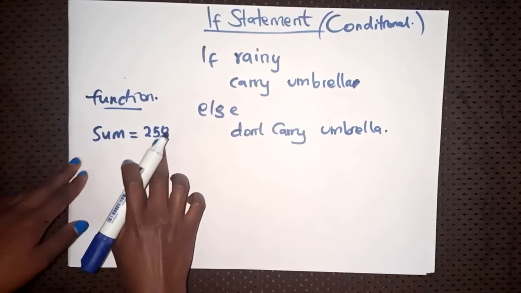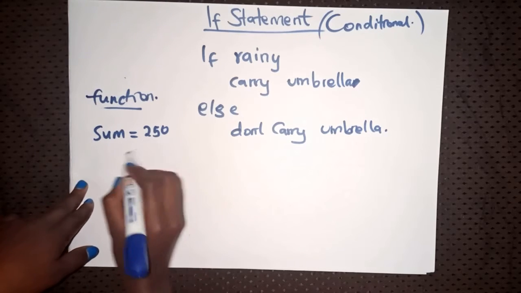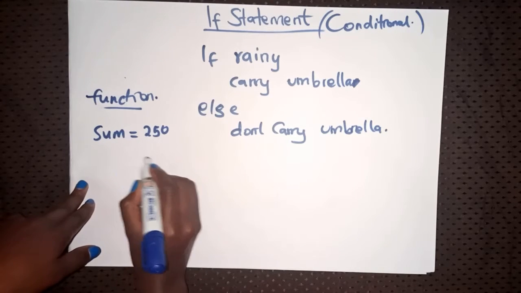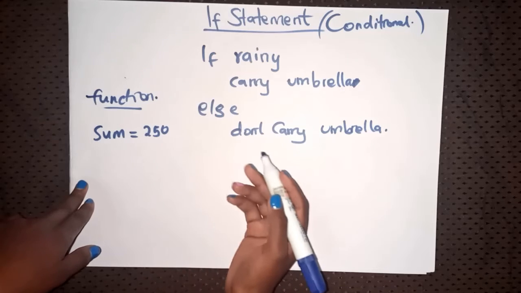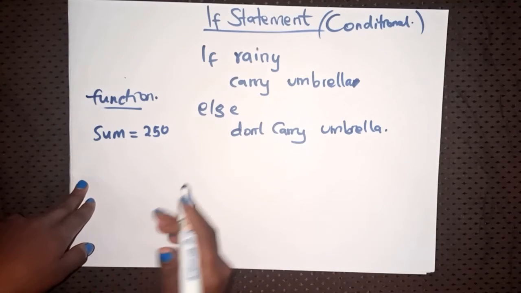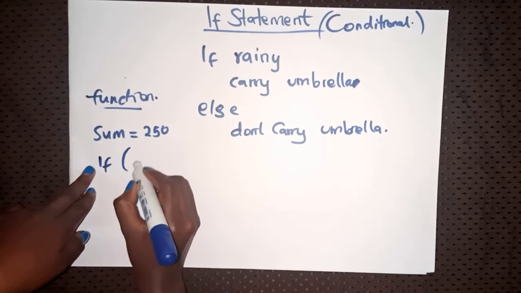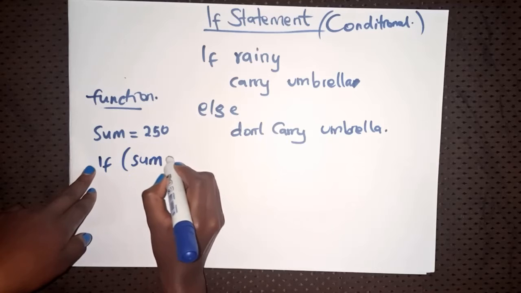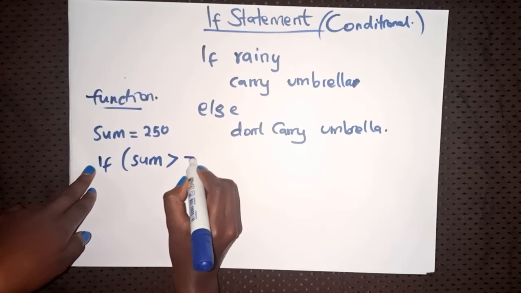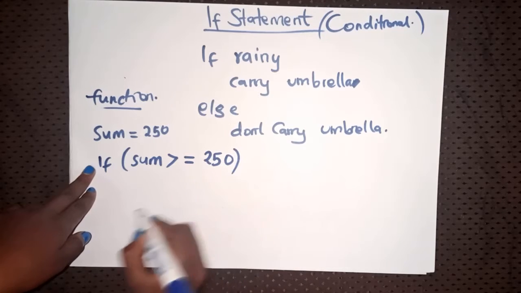And we want to check if the sum is greater than 250. If it's not greater than 250, we don't output it. So when you're checking, you say if sum greater than or equal to 250, what do we do?